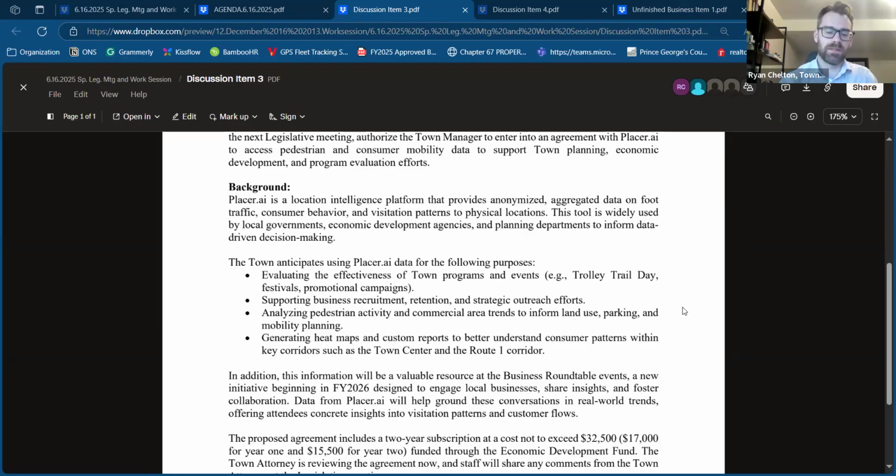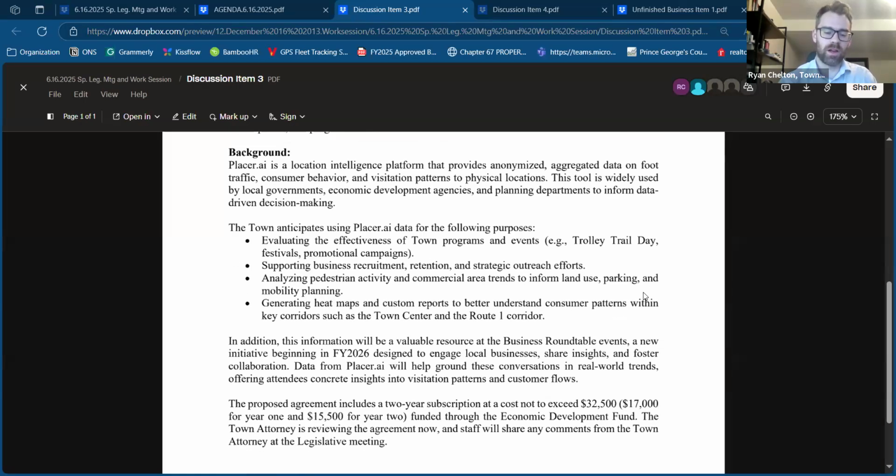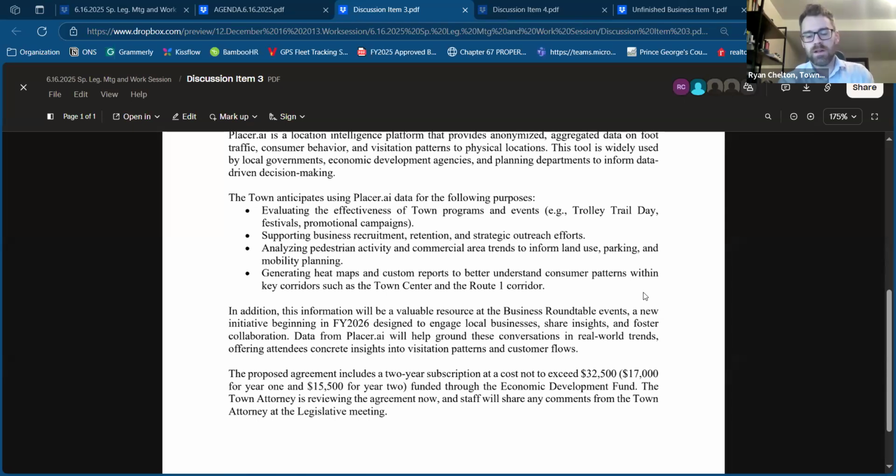I believe that this information would be very helpful in evaluating town events such as the holiday market. And to the resident's point earlier, the count may not be exact because, as the resident mentioned, it's something that you can opt out of on anybody's phone. But I think it's more about a statistical analysis.